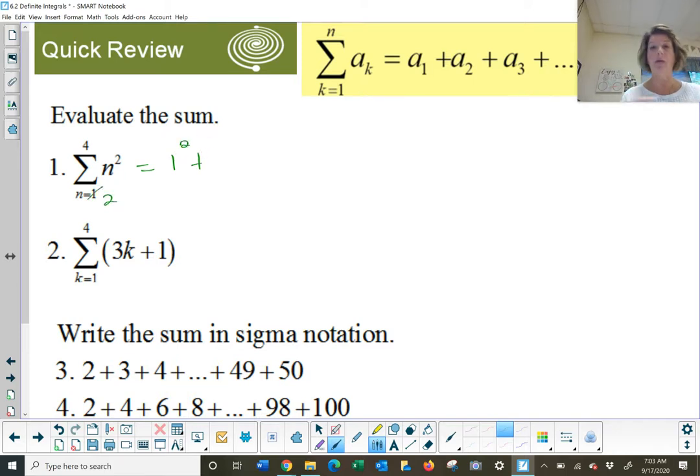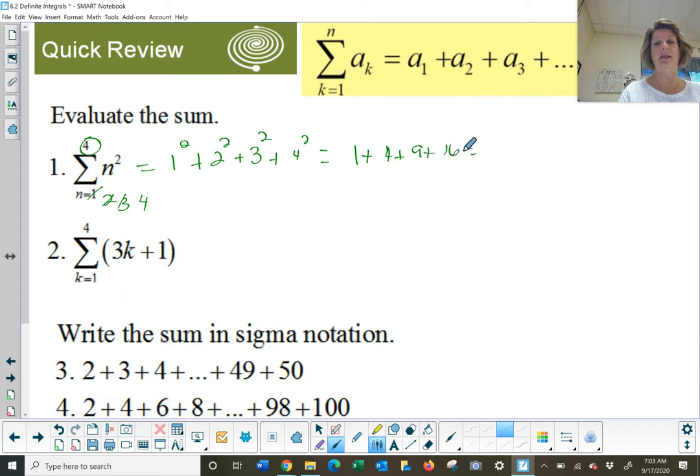Next step, n will be 2. 2 gets squared. Next step, n steps to 3. I get 3 squared. And lastly, we are at n equals 4, and I stop because I hit the top number. Then I'm just going to sum 1 plus 4 plus 9 plus 16, 10 plus 20 equals 30.